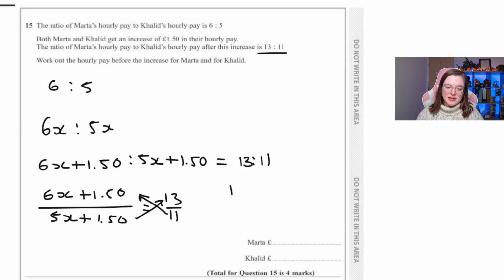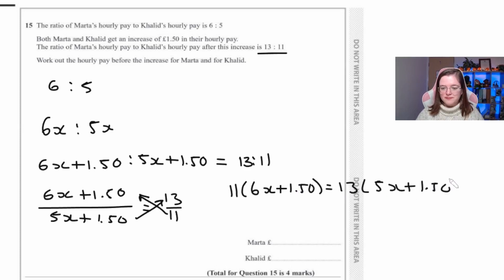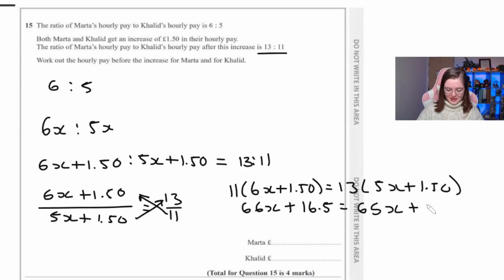So I'm going to get 11 lots of 6x plus £1.50 equaling 13 lots of 5x plus £1.50. If I expand this, 11 times 6x, that's 66x, plus 11 times £1.50, which is 16.5, equals 13 times 5, which is 65x, plus 13 times £1.50, which is 19.5.